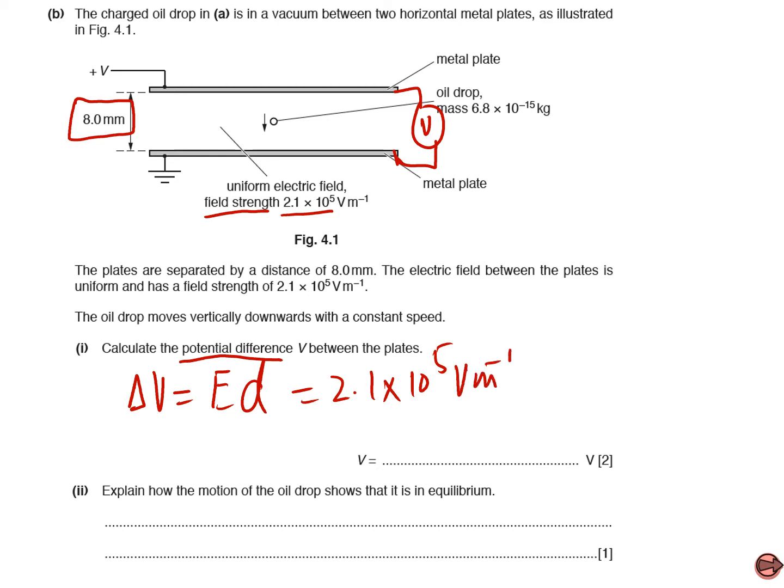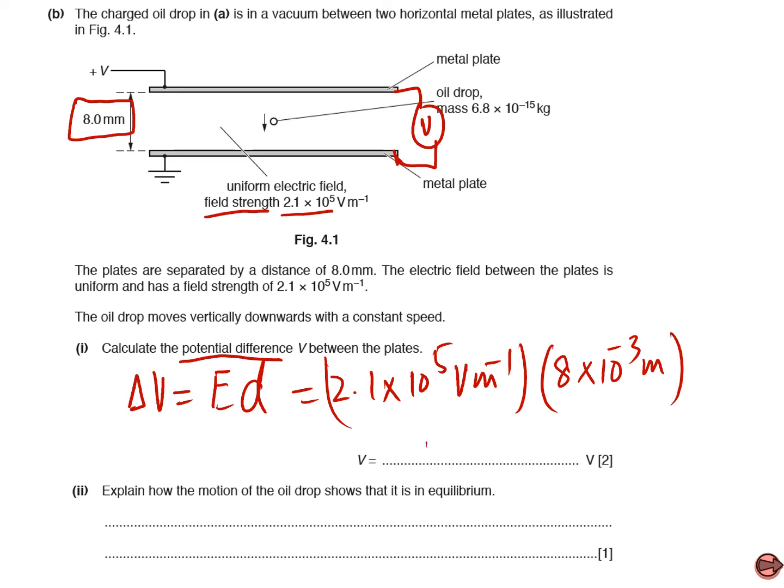We also need to be careful with units. The separation between plates is not in SI units, so we need to convert into SI units here. Now if we just multiply these two, we will get the value of the potential difference between the plates.